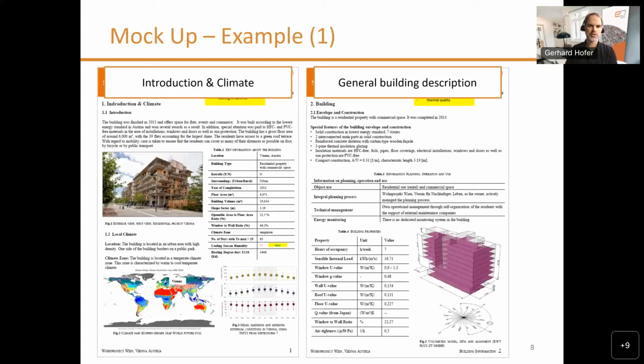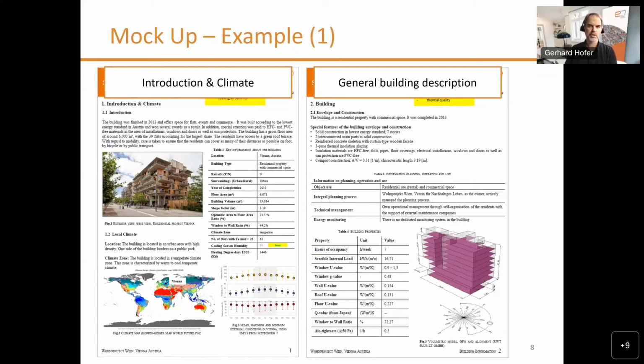So I would like to show you the draft version of our mockup for the case study description to see the content in detail. As mentioned before, the first page is more a general introduction. We show a picture of the building and give some key information, such as size and building use.